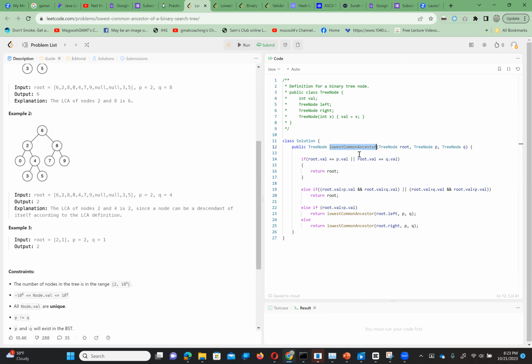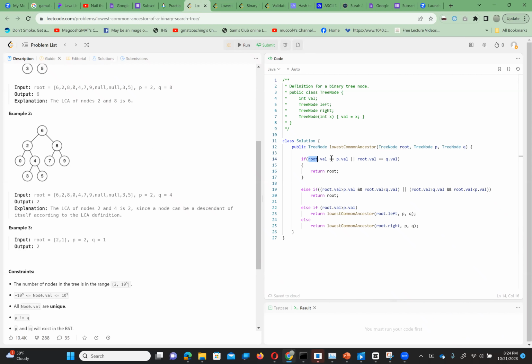So you know in DFS what we do is we call the function with left subtree and then again with right subtree, and then we also do some operations here, right? Okay, so currently I'm in root, like any node. Think of this as the current node, right? We start at the root node, but eventually we're going to traverse the tree and go down, right?